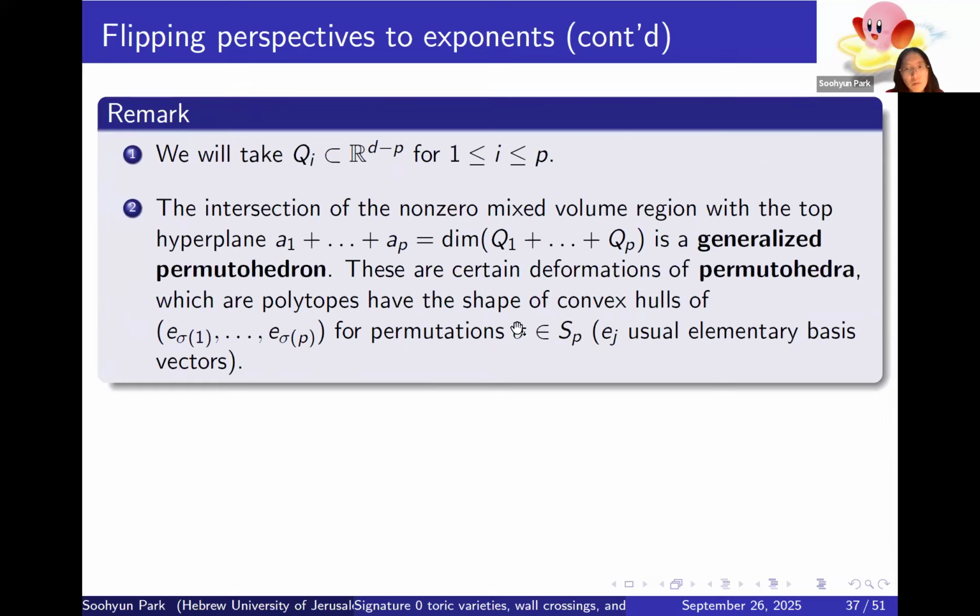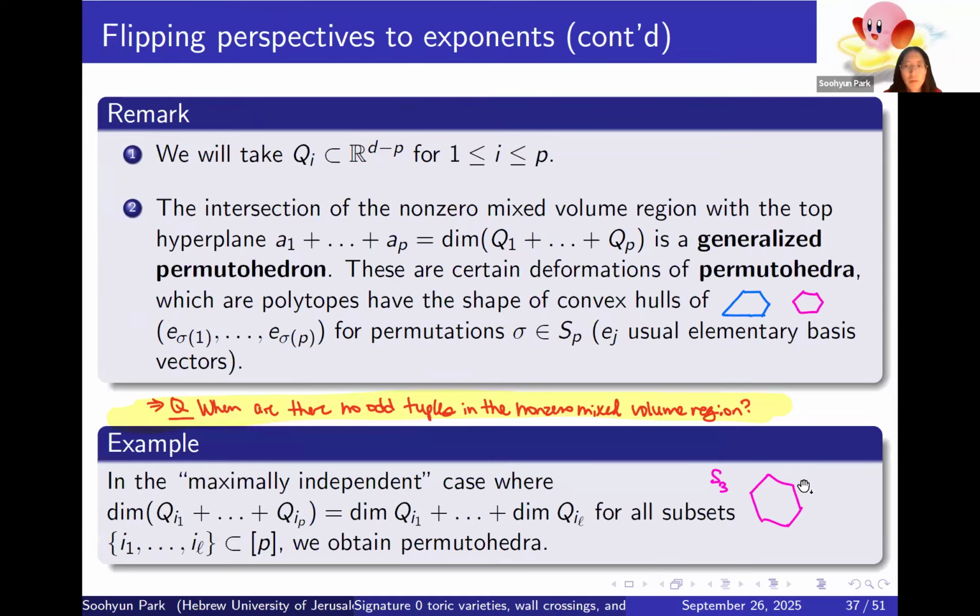Just like for permutohedra, you can think of the points 1, 2, 3, 2, 3, 1, and so on, and you just take the convex hull after permuting all these. In a small case, you get nice things like hexagons, and anything beyond this is beyond my drawing capabilities. But in any case, you do get actual permutohedra if these are maximally linearly independent, like the spans of each polytope.